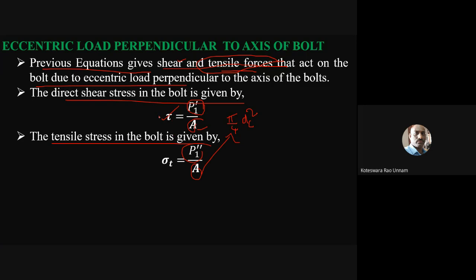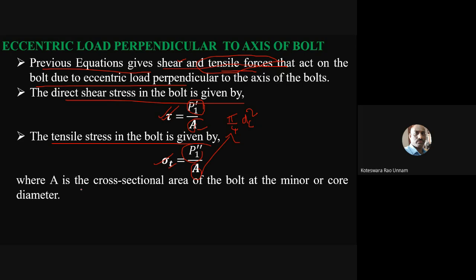So now I have one shear stress and one normal stress. This is a tensile stress, this is a shear stress. Then I'll use the failure theories to find out either the maximum shear stress or the maximum principal stress, where A is the cross-section area of the bolt at the minor or core diameter. So you need to use this formula.